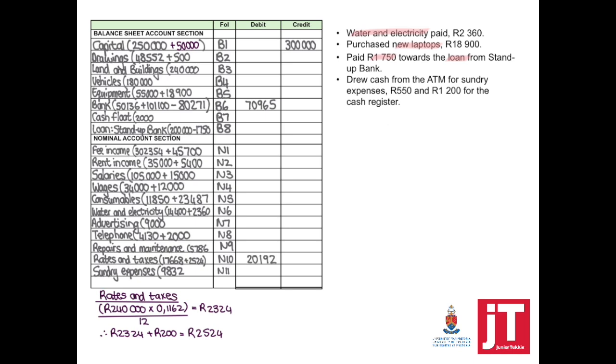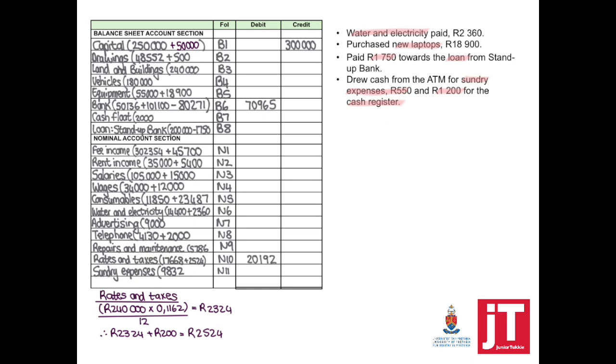Drew cash from the ATM for sundry expenses, 550, and 1,200 for the cash register. So we drew money and we paid for things that fall under sundry expenses, and we put money into our cash register. Now, cash register is equipment, but the money that we put into the cash register is called our cash float.